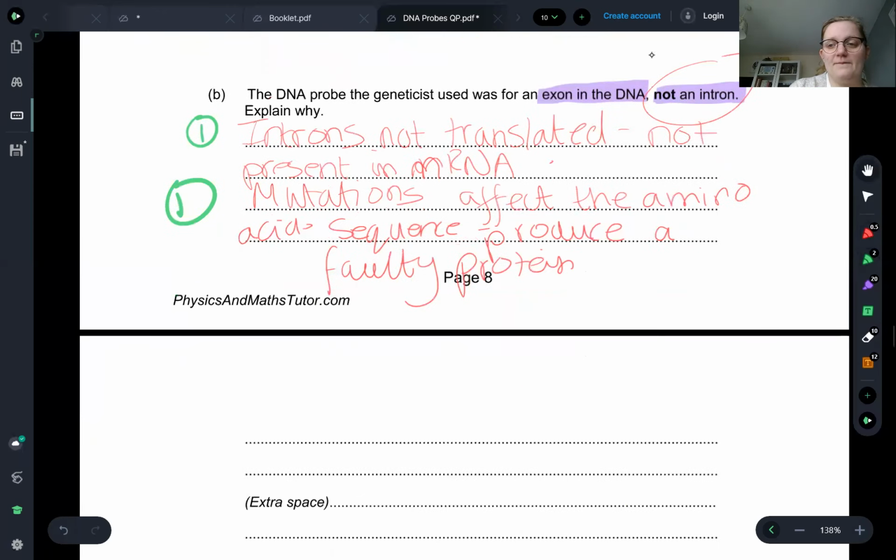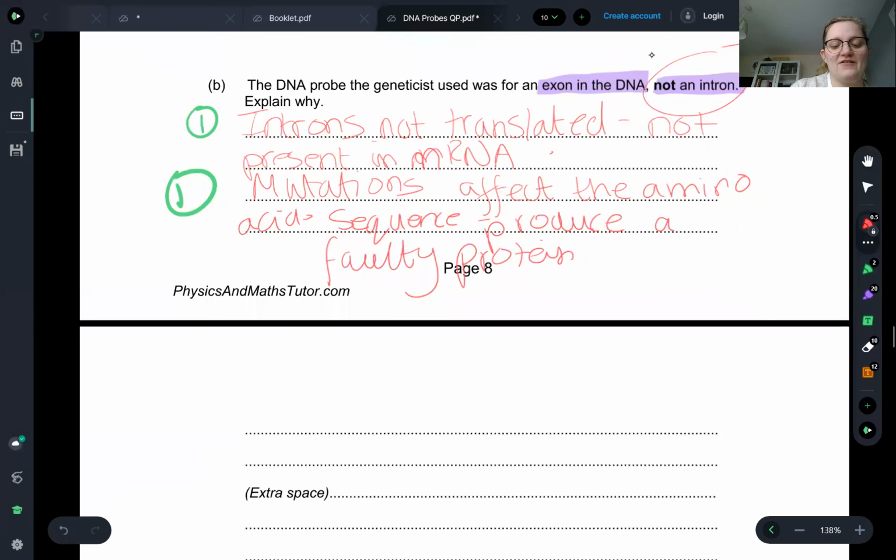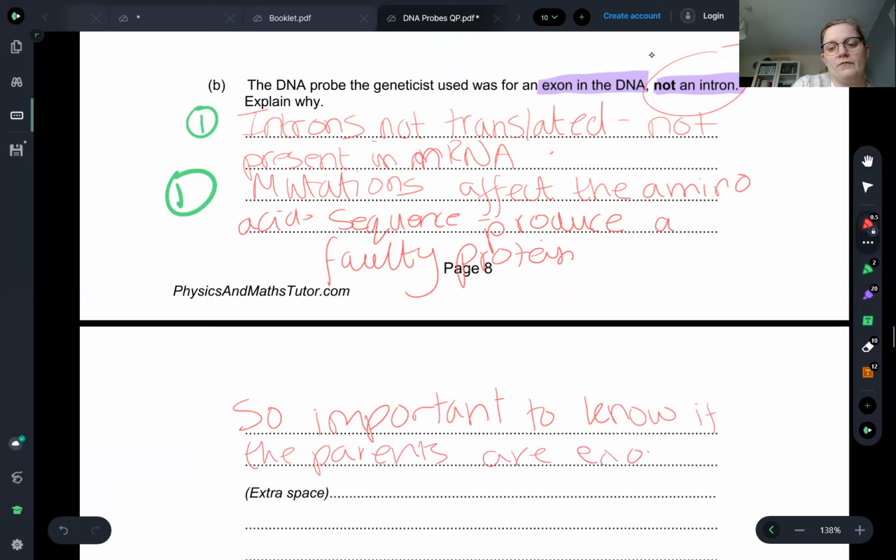So because of that, it's important to know if the parents' exons are affected rather than any other part of their DNA, as they are what produce proteins.